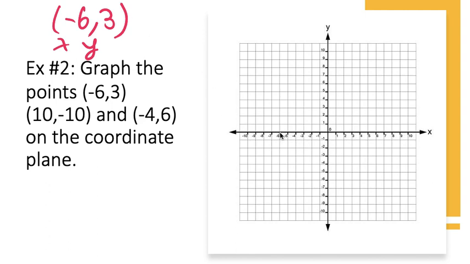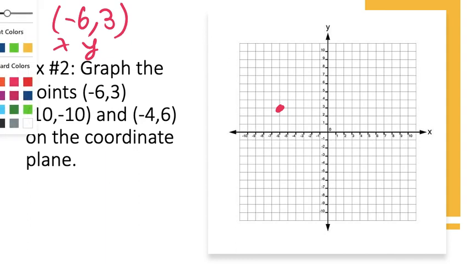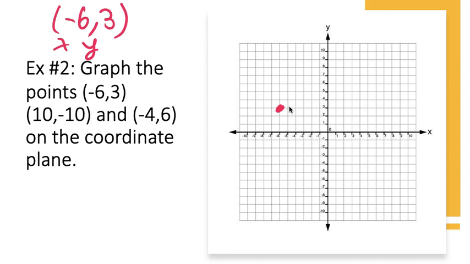So we have negative 6, so I'm going to make a point there. And then we're just going to go up 3. So we can line it up with the 3. And it hits right there. So that's a big point. But it meets up with the 3 and the negative 6. So here's our point, negative 6, 3.